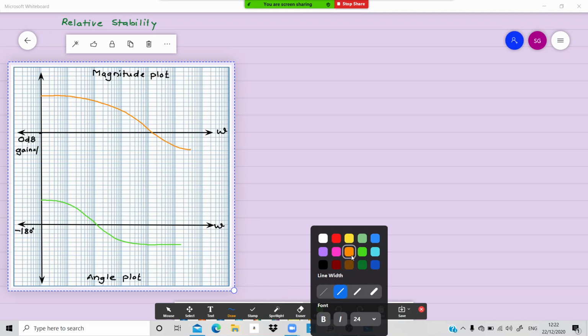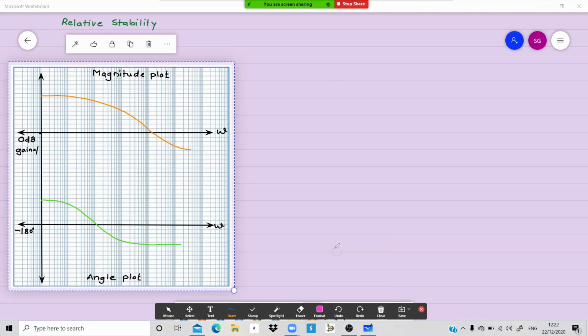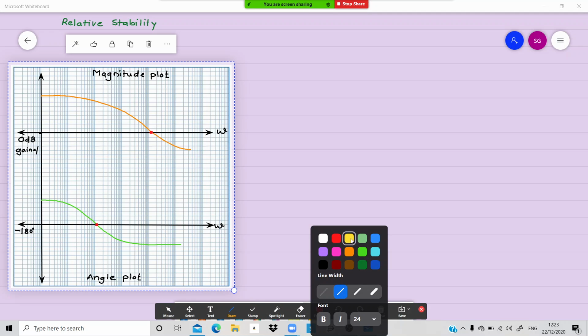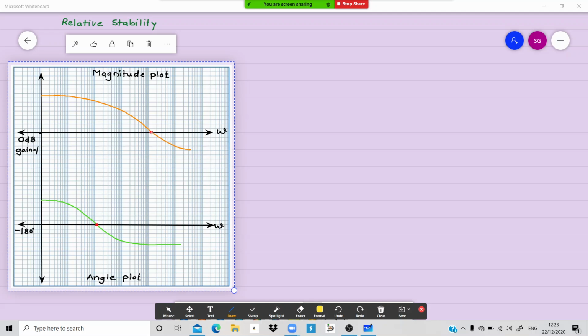So see, now this point where the graph is touching the x-axis, and this graph is touching the x-axis over here. Let me draw two lines so that how they can be measured or reflected on this side can be seen.